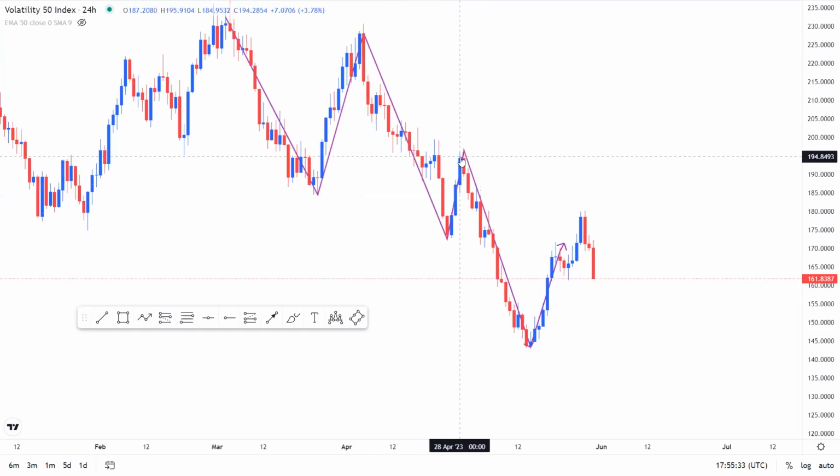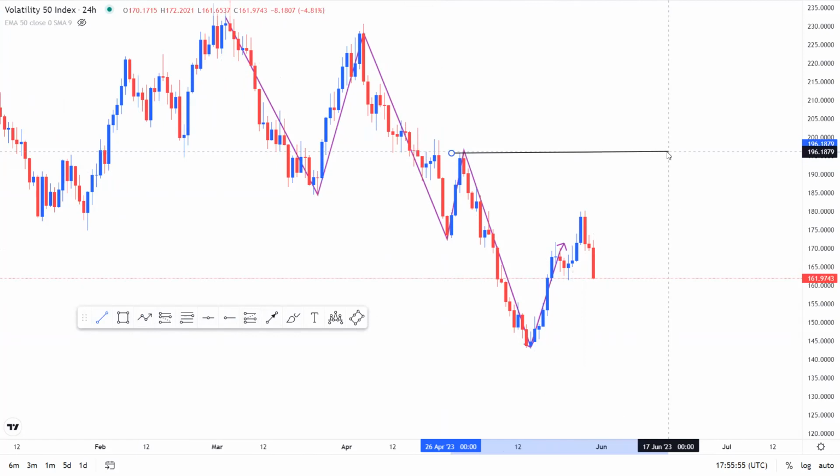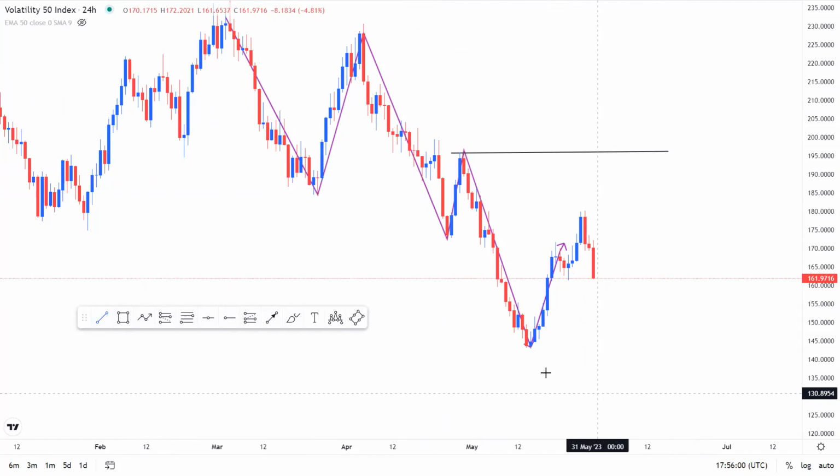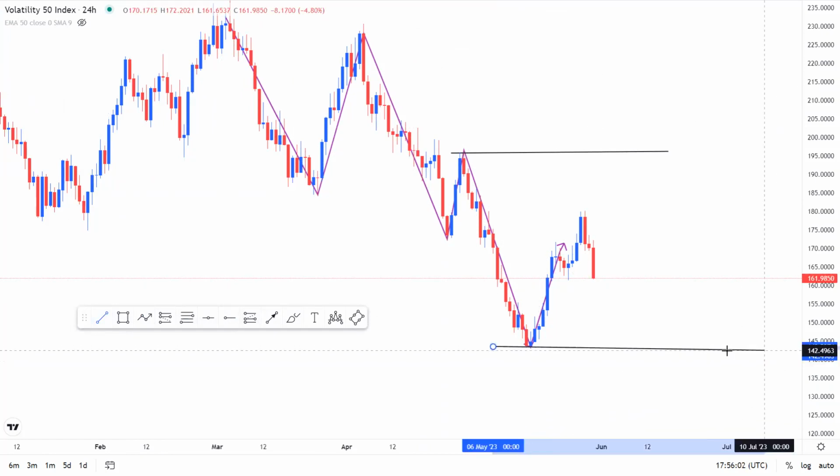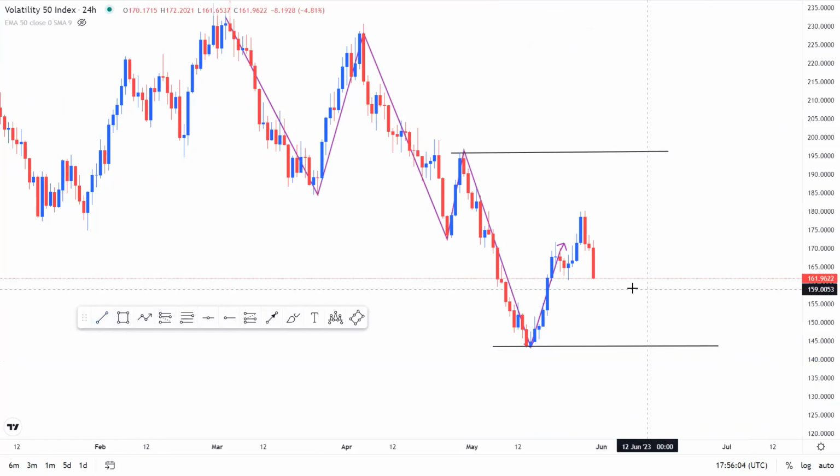We have this level as our previous lower high that led to this lower low right here. This was our previous lower high that led towards the lower low right here.